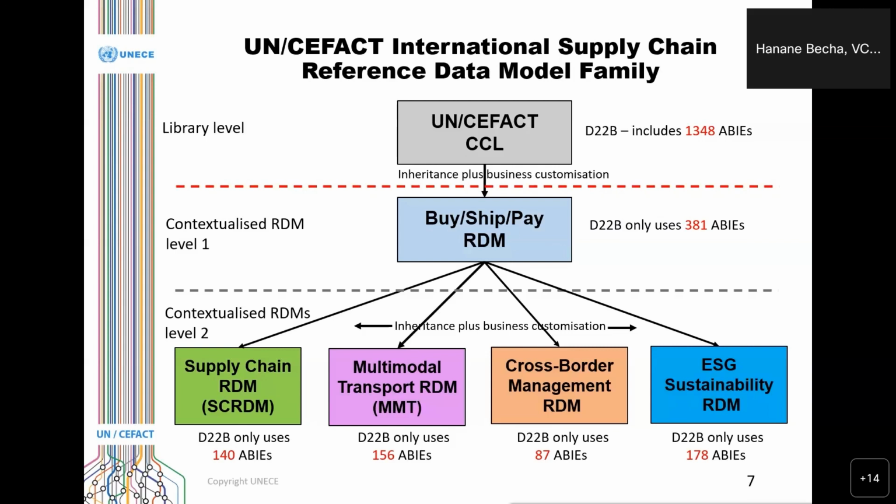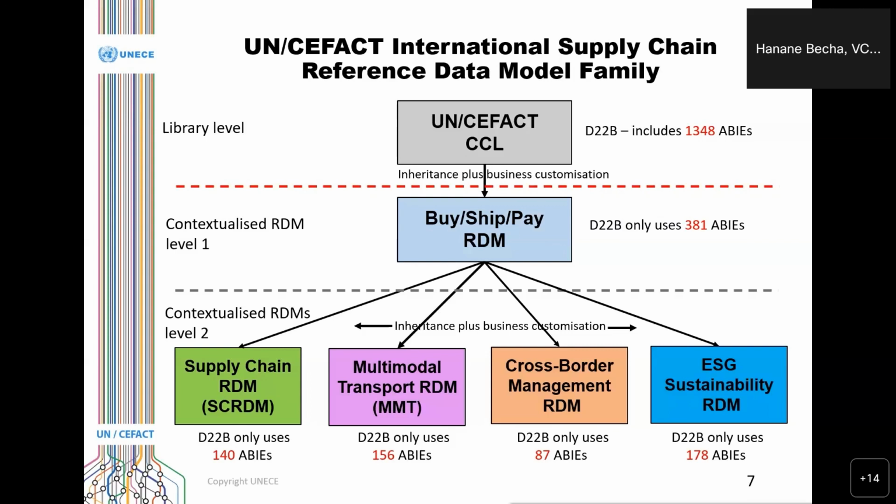The way that we work, we really have the UNECE-IEC Core Component Library, which is more than 1,300 data elements. Then, based on the context, we define a subset. For example, the buy, ship, pay subset, reference data model, is barely less than 400 data elements. Then we cover at the level 2 of the different contexts, the supply chain reference data model, which is around 140 data elements.